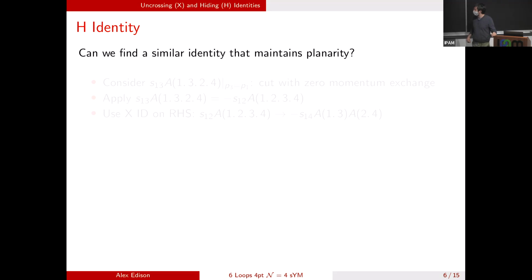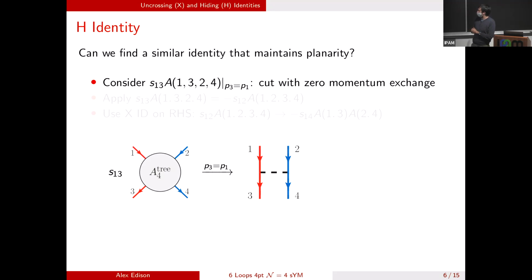And we actually derive it in terms of the previous one. And this is an identity that maintains planarity. So for the X identity that I just talked about, you're disconnecting it, but in a non-planar way. So now we want something that maintains planarity. And the observation is, first of all, that if you take this combination S13 times 1324, and then you take the X identity limit, this P3 goes to P1, this is some factorization channel with a specific 0 momentum exchange.